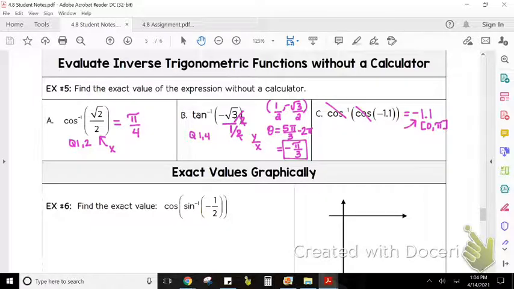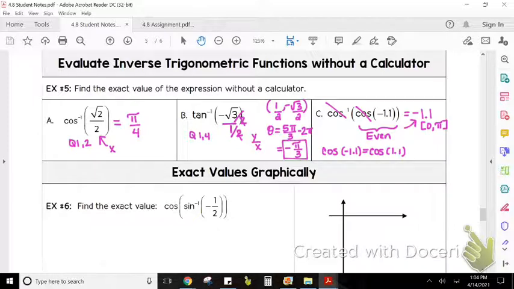But remember that because it's cosine, something else we can try is that cosine is an even function. Do you remember even functions? It says it doesn't matter if we plug in the positive or the negative of the number, we get the same answer at the end. So because cosine is even, that means cosine of negative 1.1 is equal to cosine of positive 1.1.